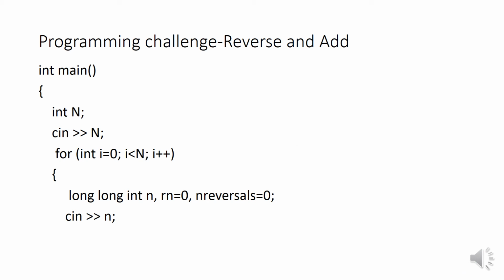In the last slide, we saw that reverse and add function step by step. Now in the main function, we have to define Rn and reversal. We extract the value from the keyboard, which the user will enter, for example n is equal to 195.